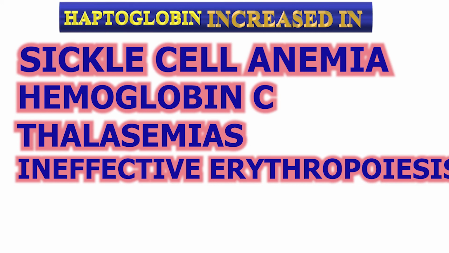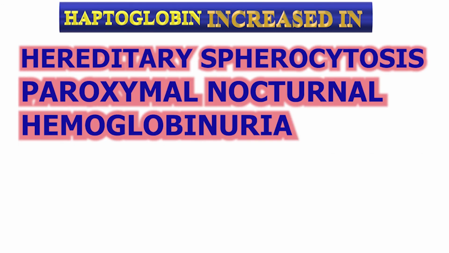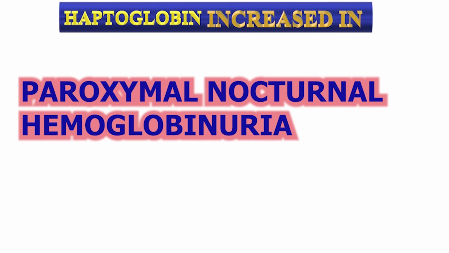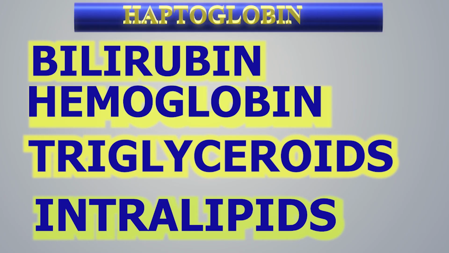It can also be decreased with ineffective erythropoiesis, and red cell membrane or metabolic defects like G6PD deficiency, hereditary spherocytosis, and paroxysmal nocturnal hemoglobinuria.